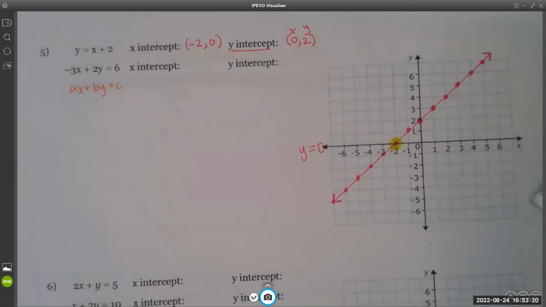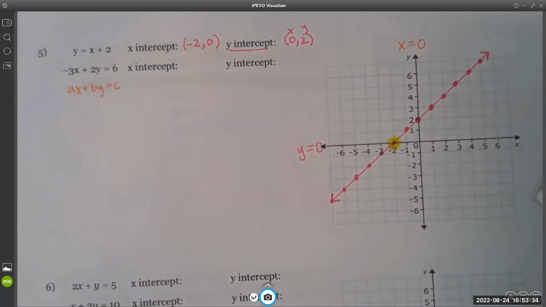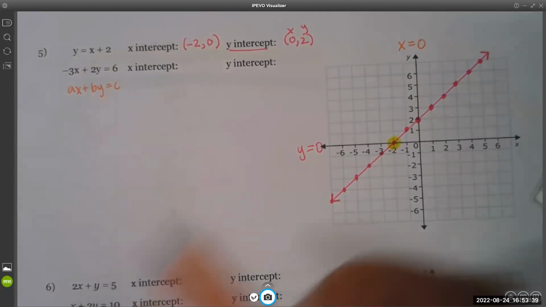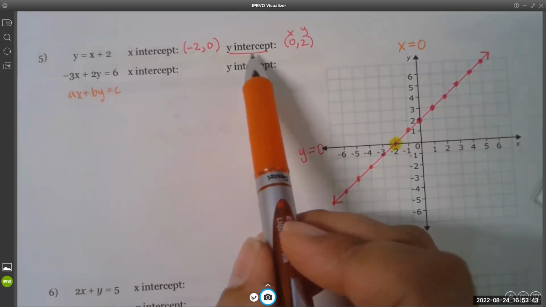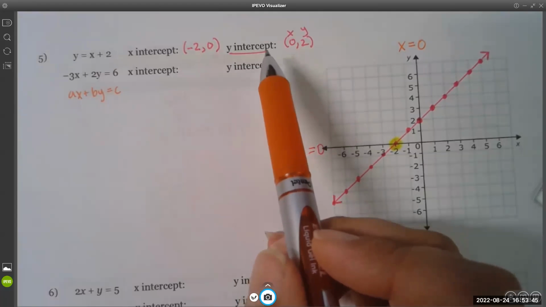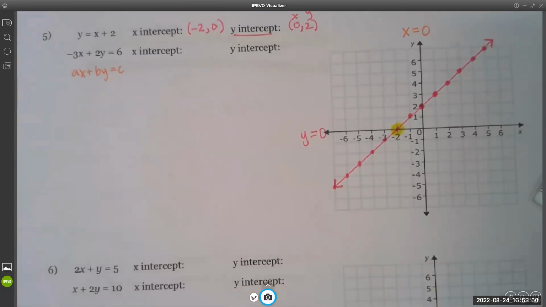One thing that I've mentioned, and that is very important, is that the y-intercept is when the x is 0, and the x-intercept is when the y is 0. And those are also equations of lines for the intercepts. And then I also mentioned that one of the reasons why maybe we start with the y-intercept is because x equals 0 is easy to substitute in, because anything times 0 is 0.